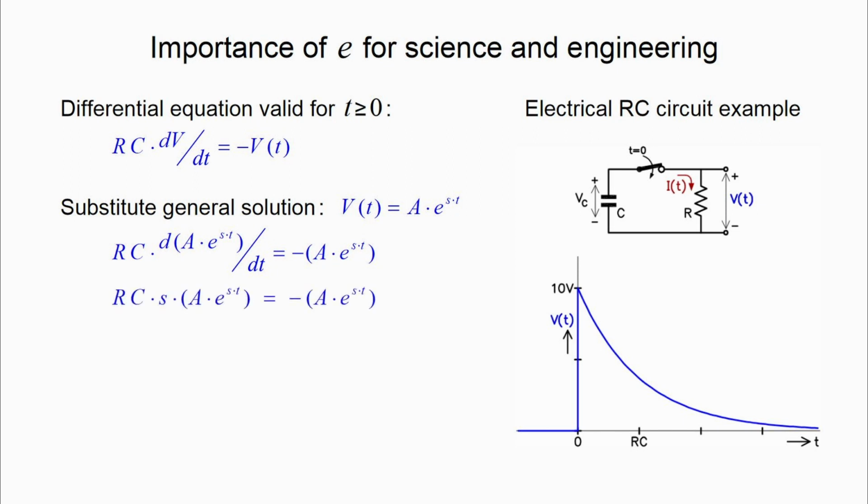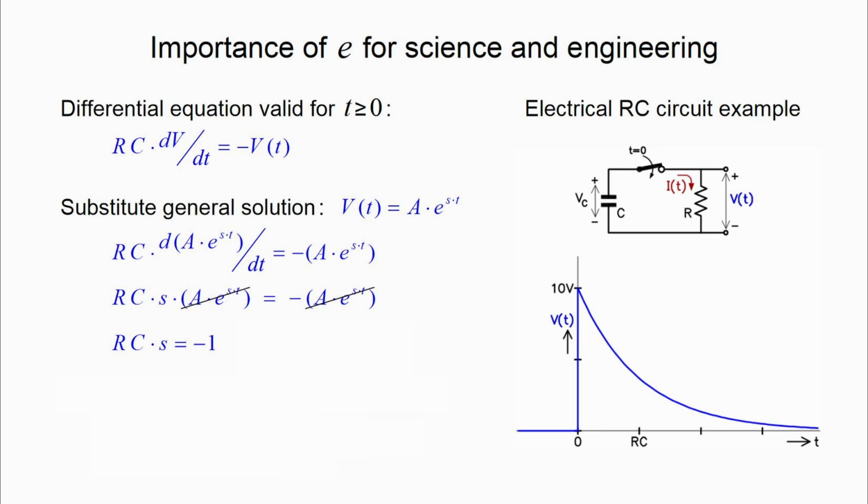Working the derivative leads to RC times s times A e^(st) equals minus A e^(st), from either side of which the factor A e^(st) can now be crossed out. The result, called the characteristic equation, is RC times s equals negative 1.